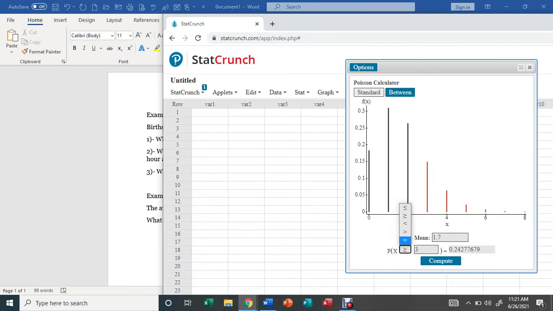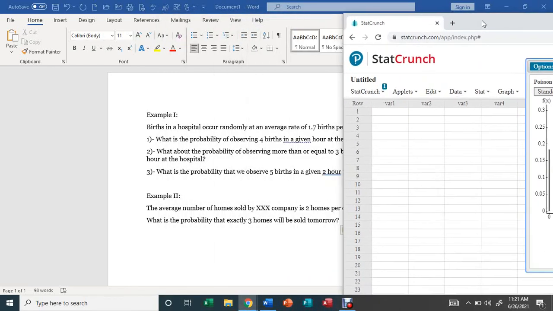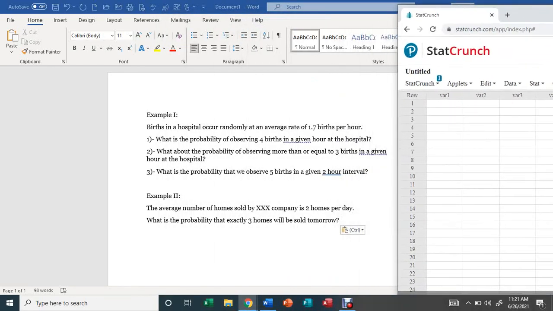So now let's finish the first example here. What is the probability that we observe 5 births in a given 2 hour interval? The parameter of this Poisson distribution is 1.7 births per hour, but the question here is for a 2 hour interval.